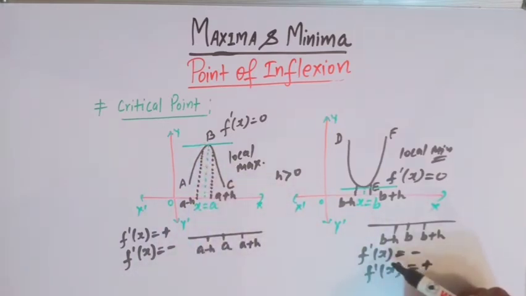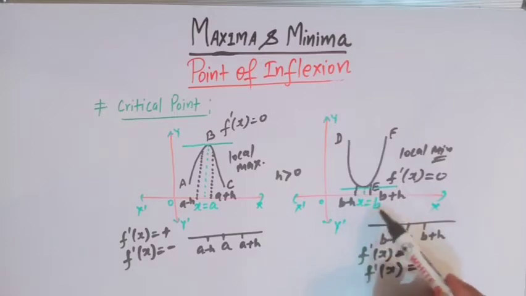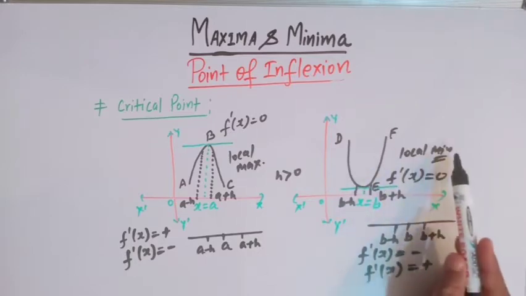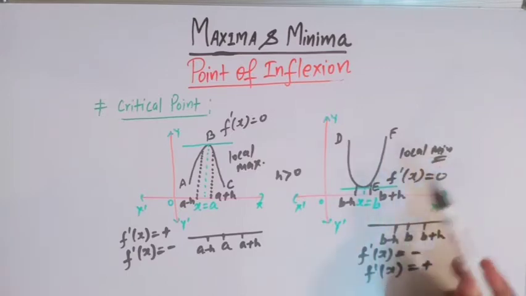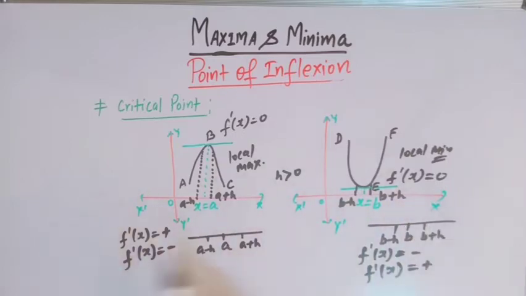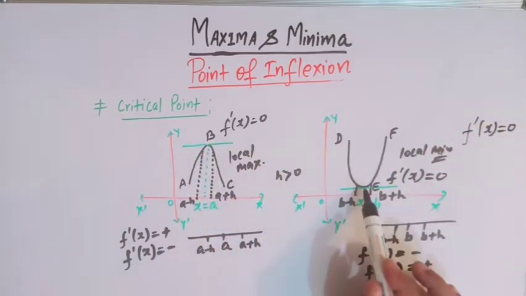Similarly, when the slope of the tangent, or the derivative, changes sign from negative to positive when the curve passes through the point x equal to b, then x equal to b is a point of local minimum, and at this point the function attains a local minimum, and x equal to b is a critical point, right?